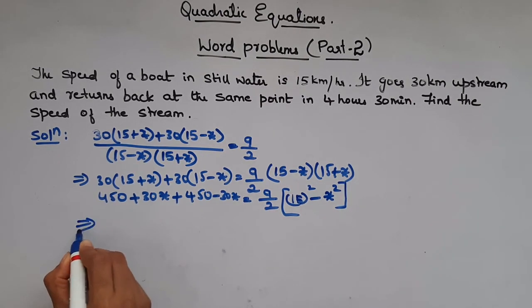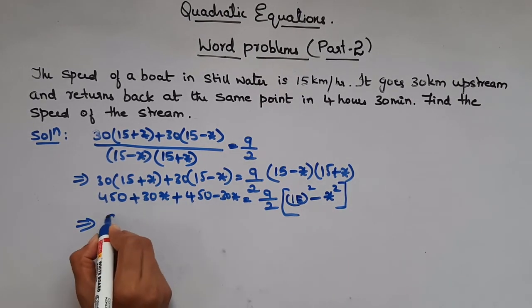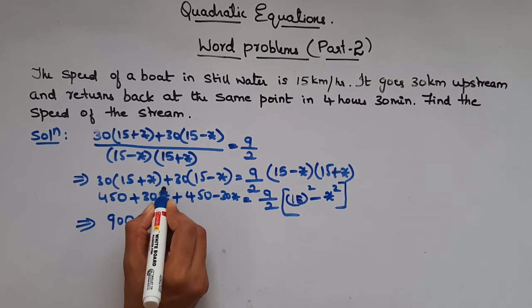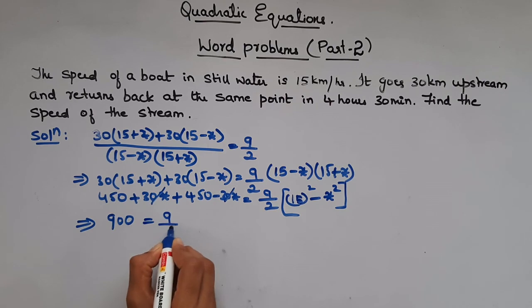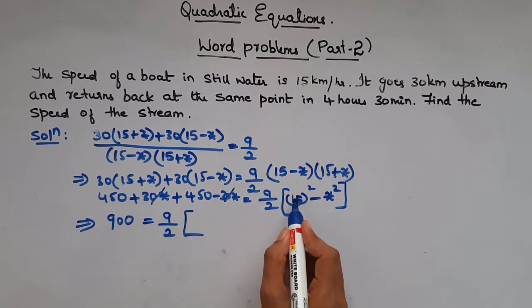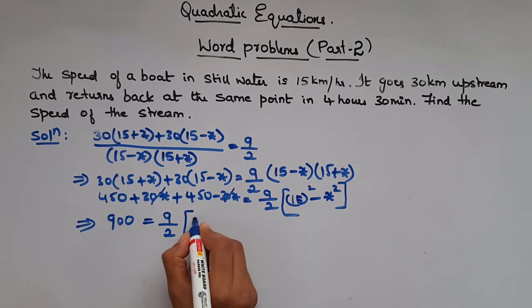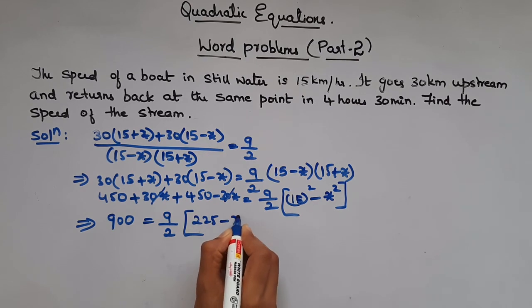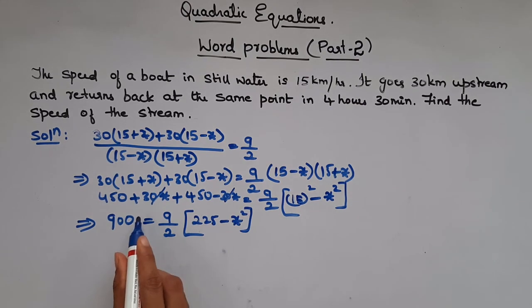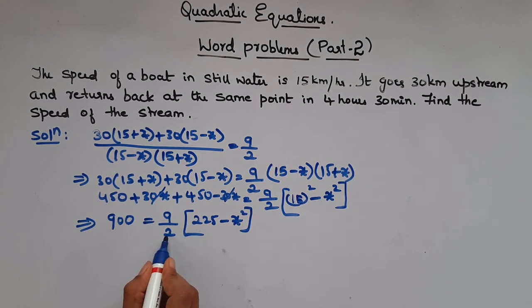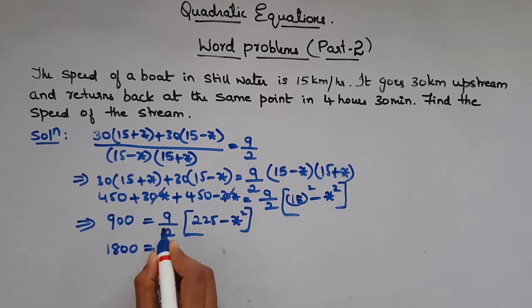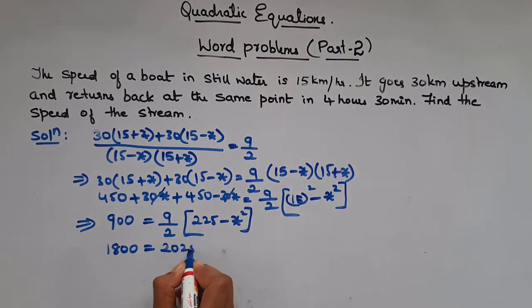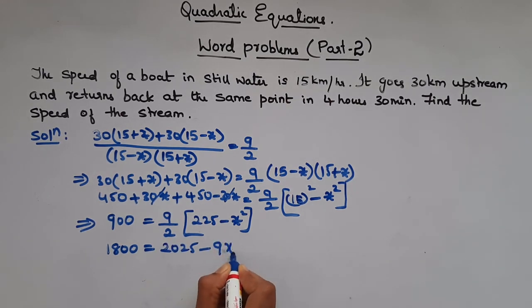So which implies, so here 450 plus 450 is 900, plus 30x and minus 30x will get cancelled, which is equal to 9 by 2 into 15 square is 225 minus x square, right? So here again if you cross multiply, 2 into 900 is 1800, which is equal to 9 into 225 is 2025 minus 9x square.